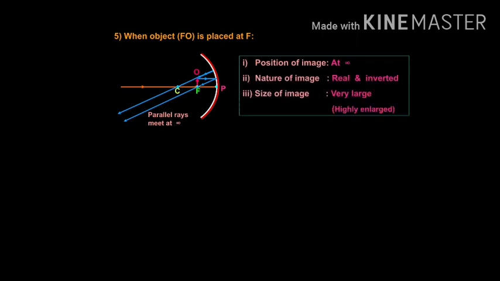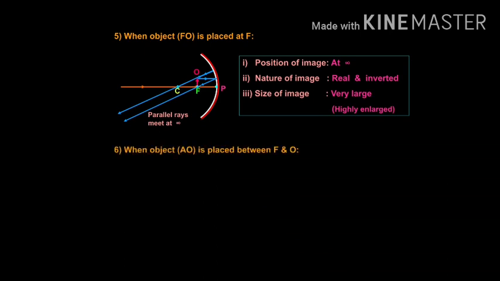And now the fifth position is if my object is at focus. In that case, if you draw two light rays, one parallel to the principal axis, the other going through the center of curvature, then the reflected rays are parallel to each other and they will form the image at infinity. And the nature of the image will be highly enlarged or magnified.